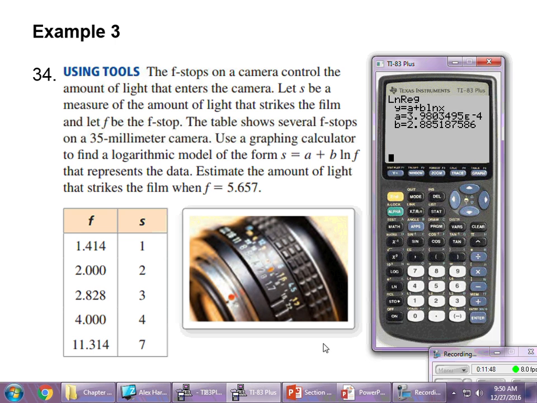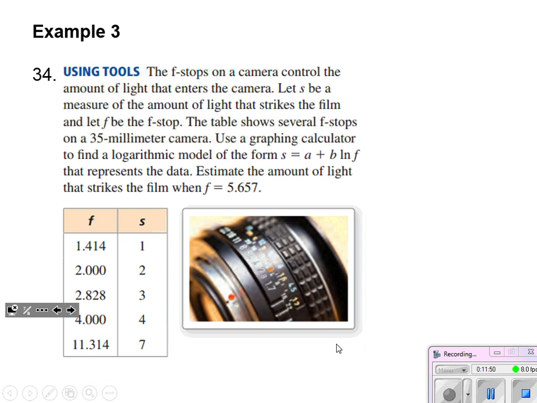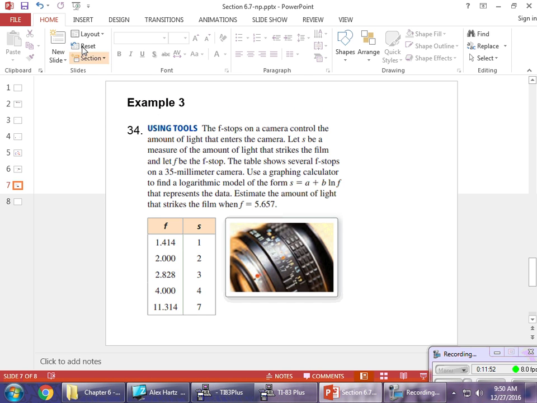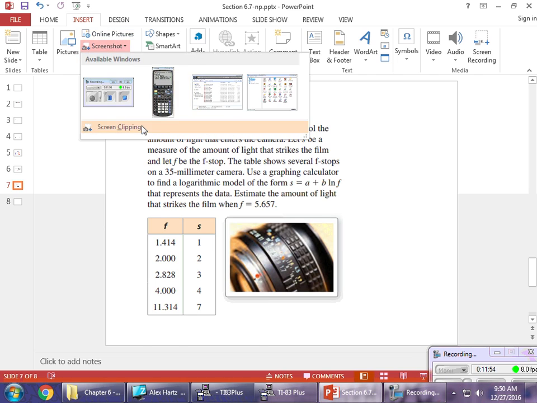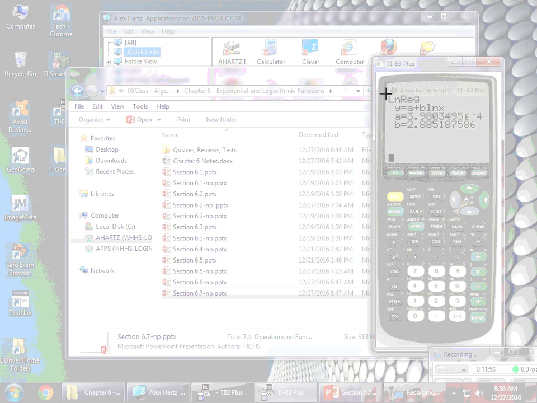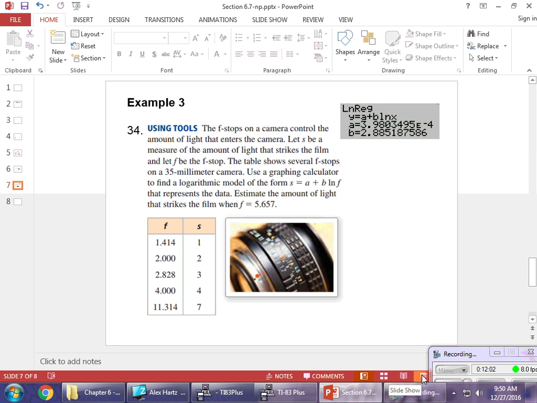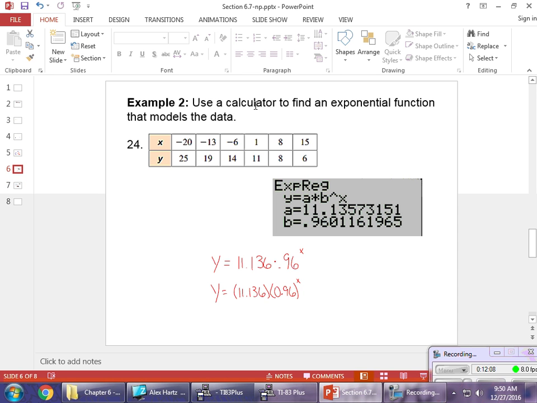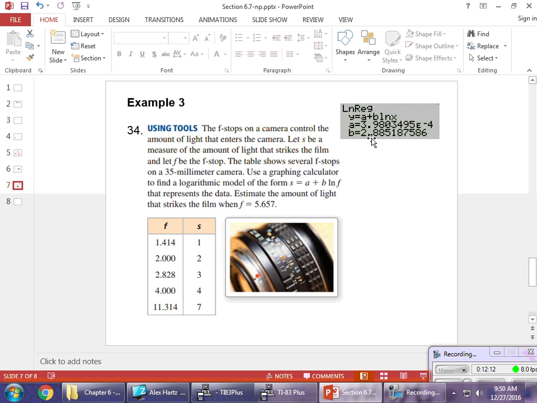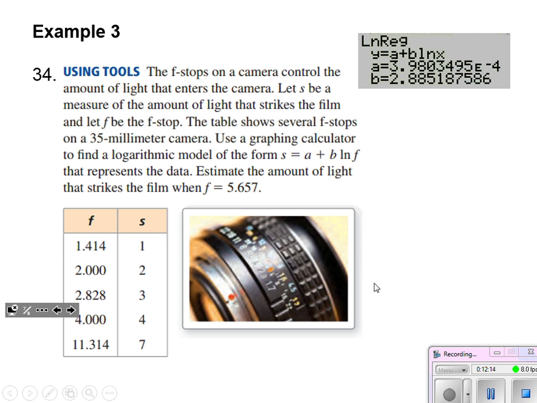So again, I'm going to grab this off the calculator. And then we'll work with it because our question's not just to come up with the exponential function, right? Now we have to do something with that. So it's not like example 2, we're going to use our function.